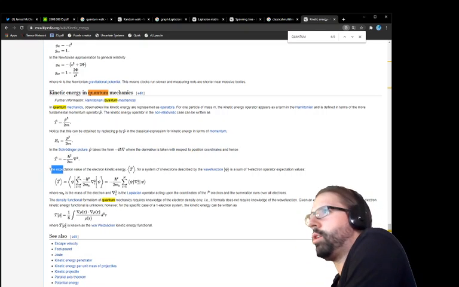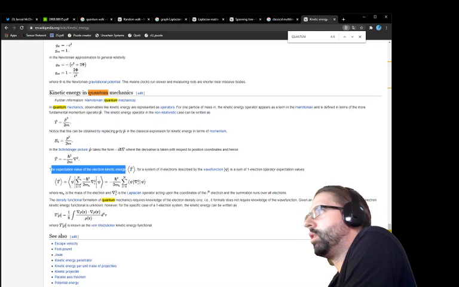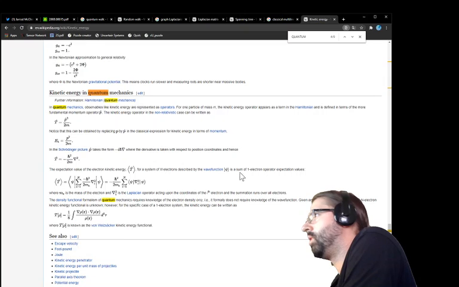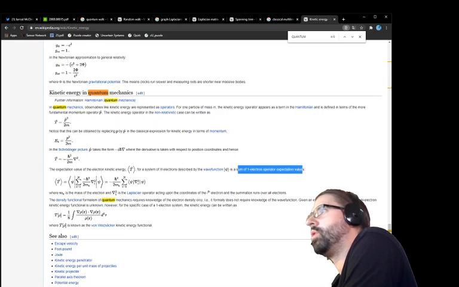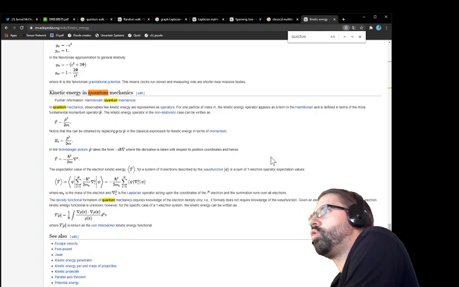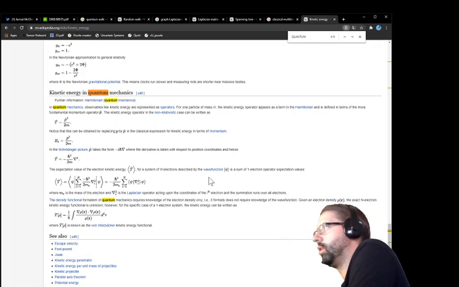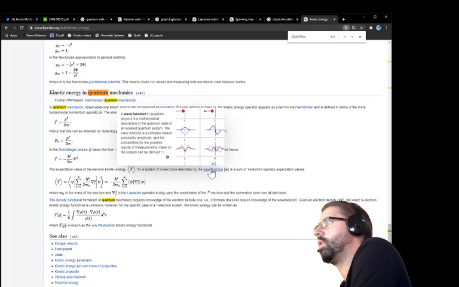The expectation value of the electron kinetic energy for a system of n electrons described by the wave function psi, whatever, is the sum of one electron operator expectation values. Me is the mass of the electron, and this is the Laplacian operator acting upon the coordinates of the ith electron, and the summation runs over all electrons.